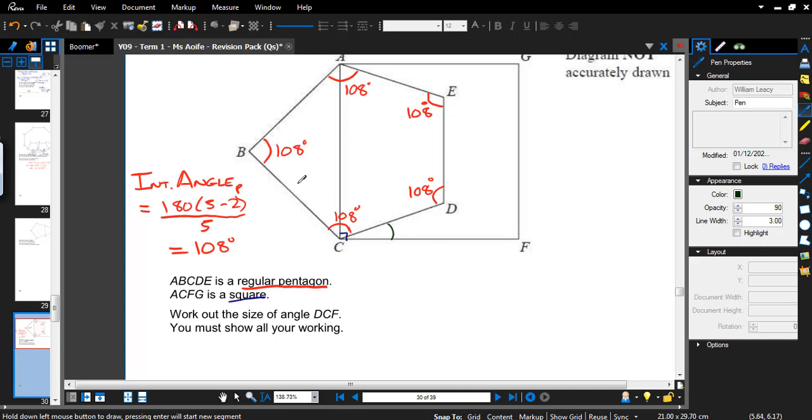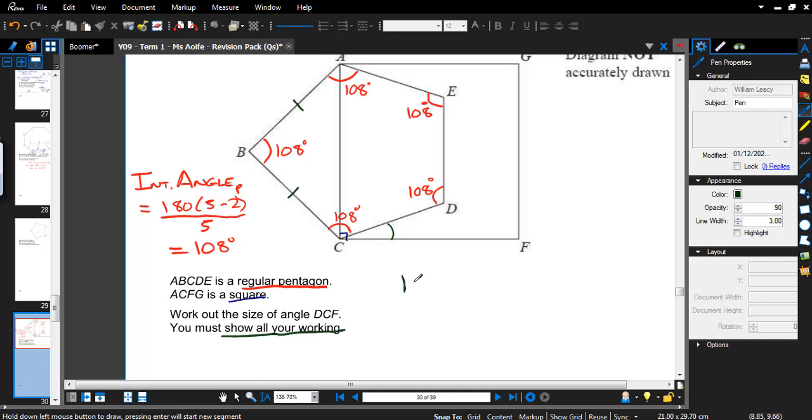Well, look at this triangle. It's isosceles because this is a regular pentagon. So if that's 108, this angle here is going to be 180 minus 108 divided by 2. So show your work.